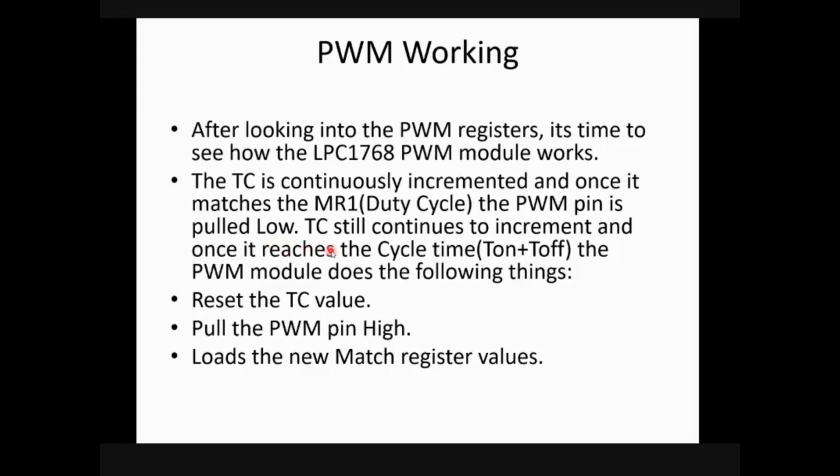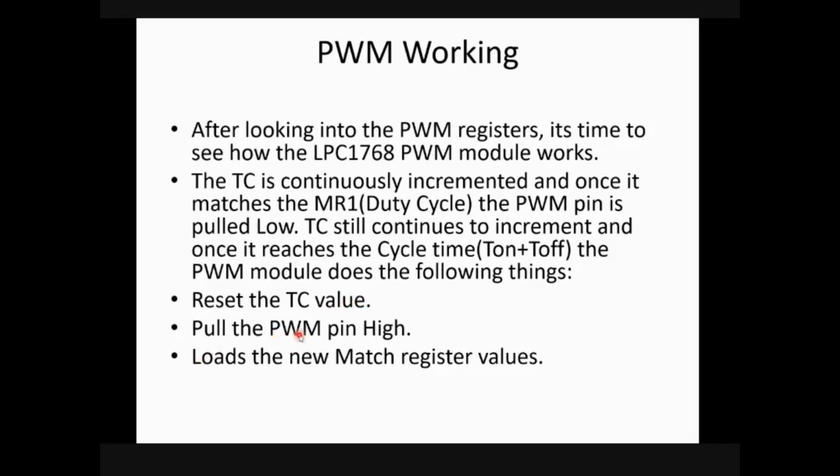From high, it comes to low, and your timer counter still continues to increment until it reaches the complete time period, the MR0 value, T on and T off. Once it reaches that, the PWM module resets the TC value. The timer value will be reset.